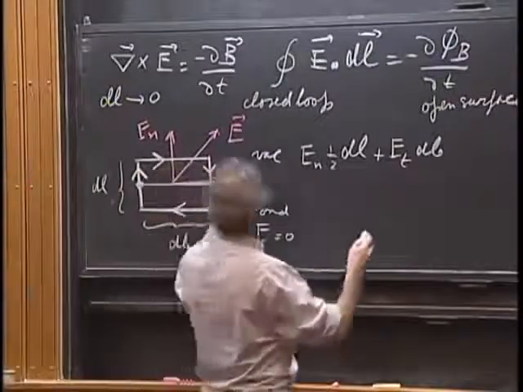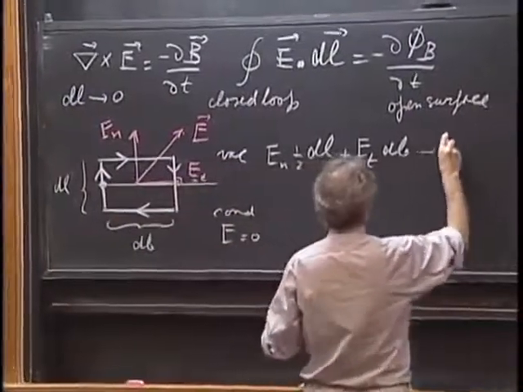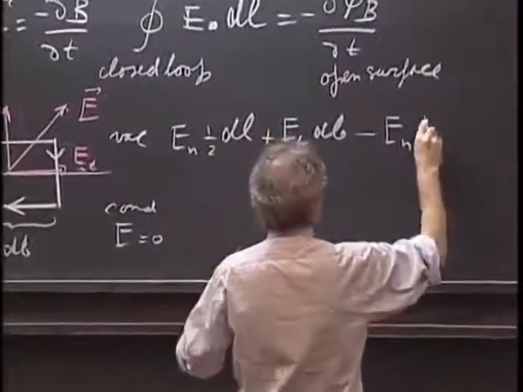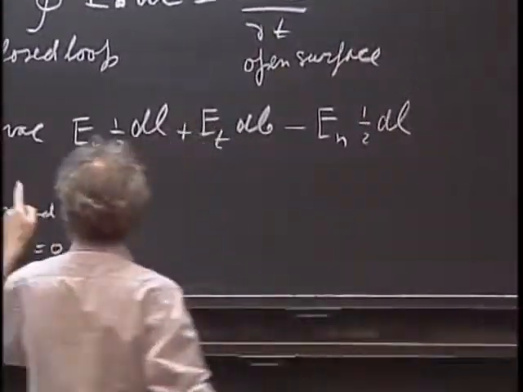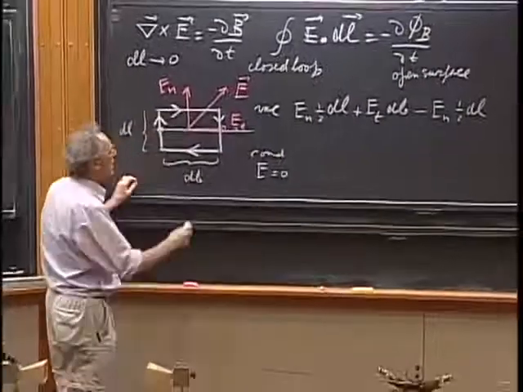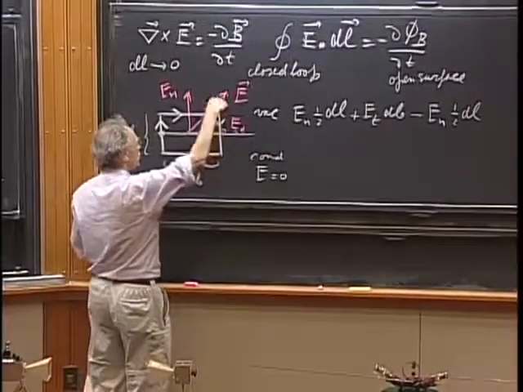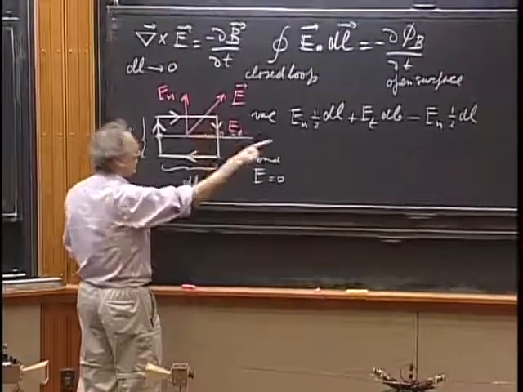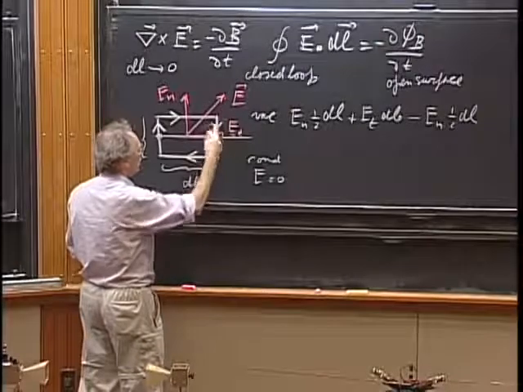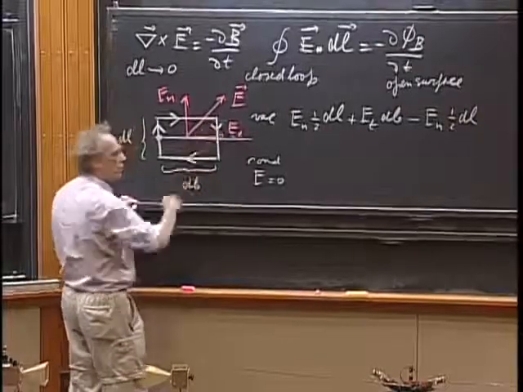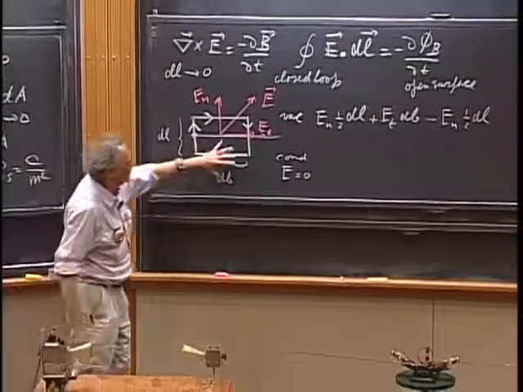So now I get minus E of n times 1/2 dl. I said E of t, but I meant E of n. E of n is in this direction, and you are moving in this direction. And so that's why you get a minus sign, and E of t has no effect here, because it's perpendicular to my direction of motion, and the electric field here is 0.